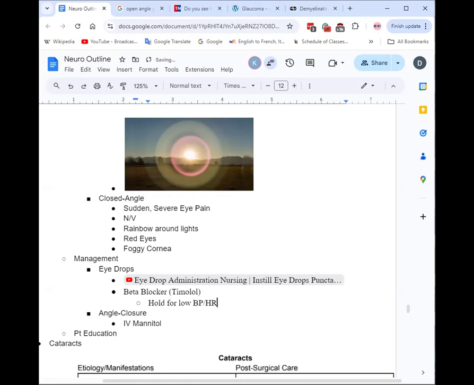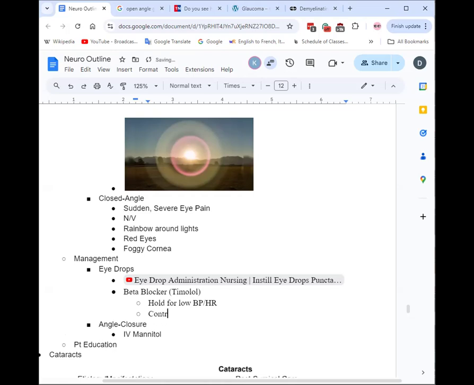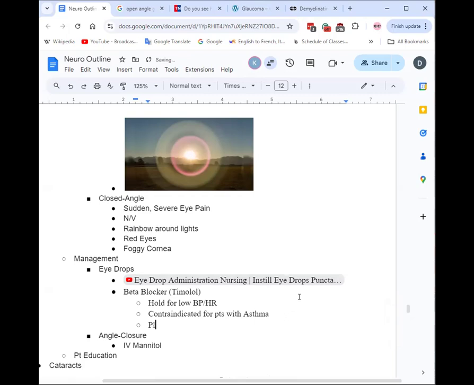You guys should know the ranges by now for when to hold. Again, this is if it ends up having systemic effects. It's contraindicated for those with asthma for the same reason a lot of the beta blockers are, because it causes bronchoconstriction. And just put some pressure under the eyes, which is what we talked about.